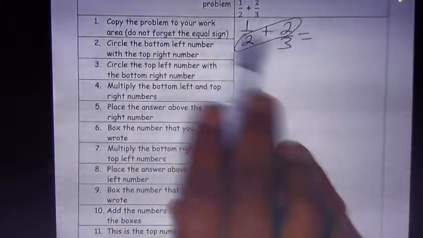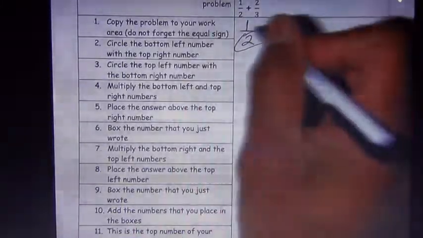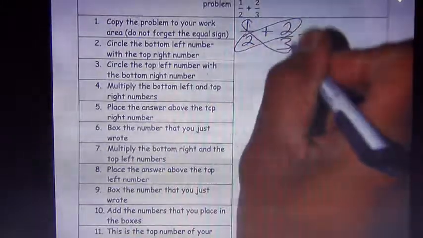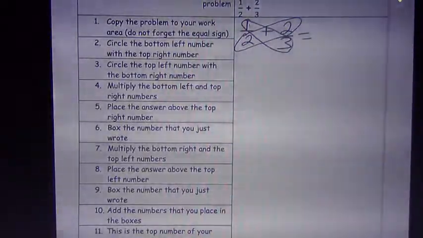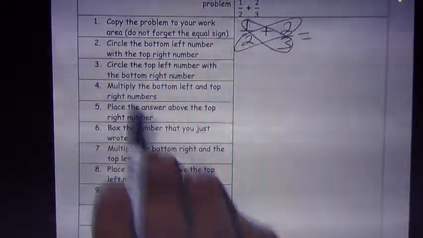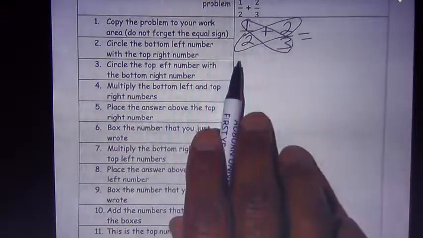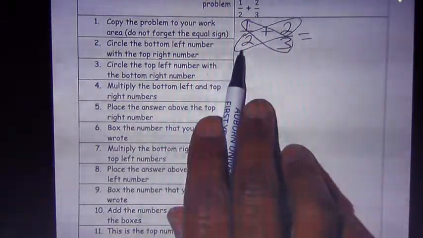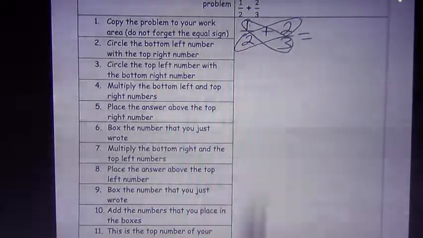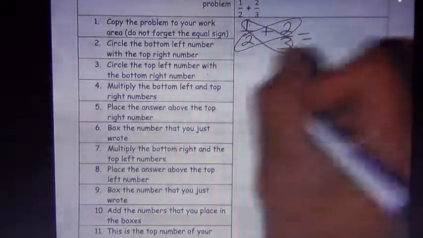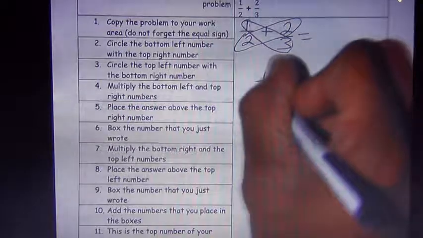Top left, bottom right. Now it says multiply the top left and the bottom right number. So we're going to do 2 times 4.